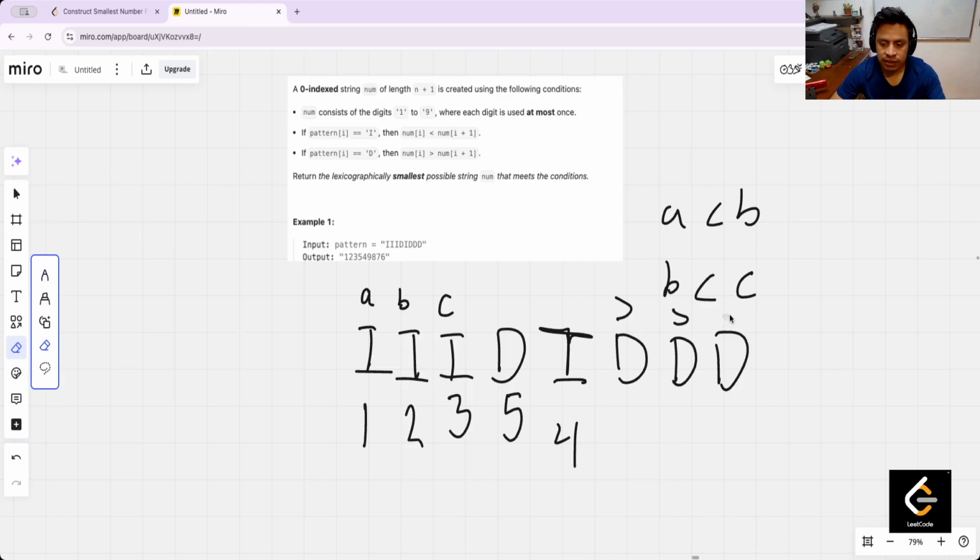In this case, when I reach this, I need to know what is the last value used here. The case is 5, 6, 7, 8.